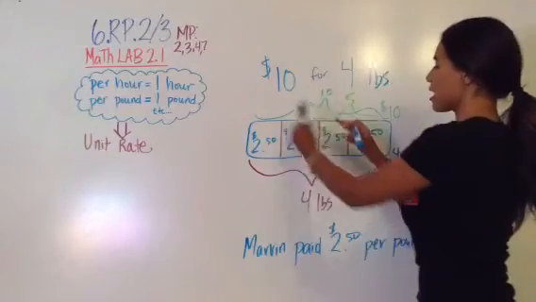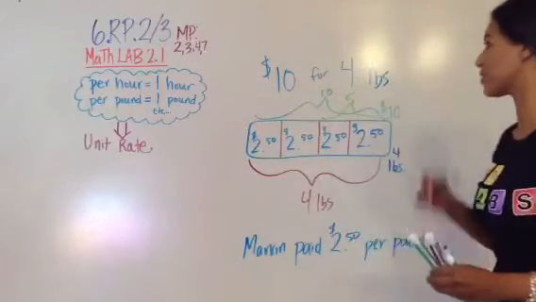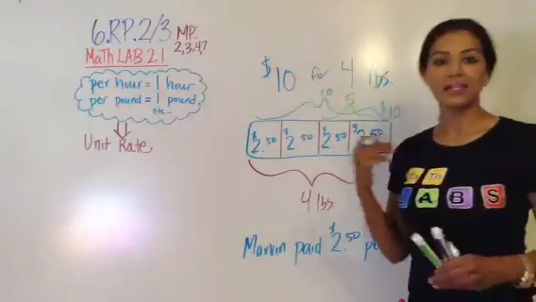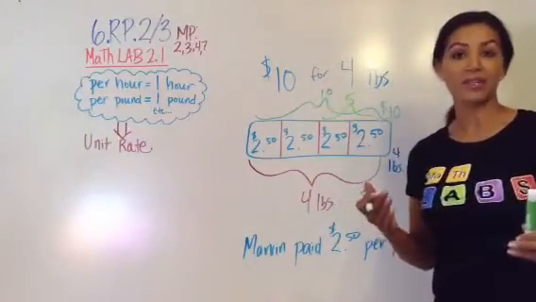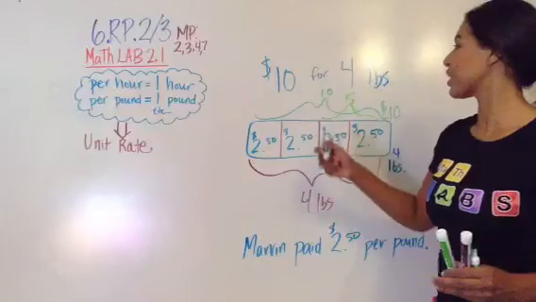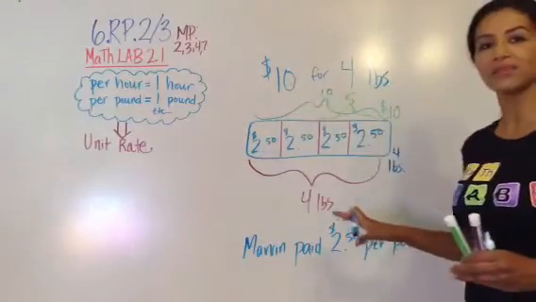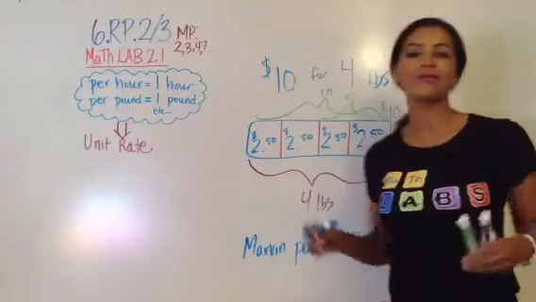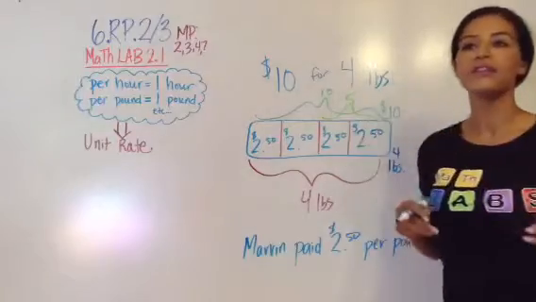We have a visual model to prove it, because I'm going to be honest, a lot of times what I've seen in the past is that kids forget and they don't use this visual model and they pull the numbers out and then they're like, oh, divide.